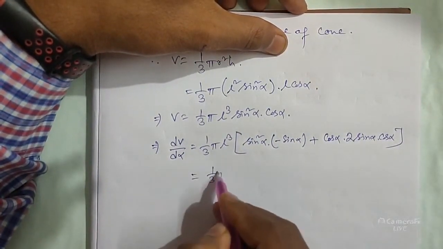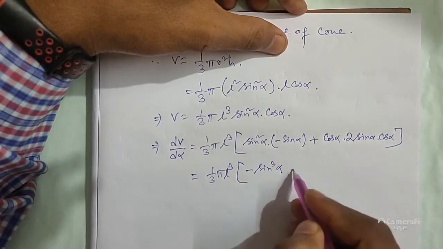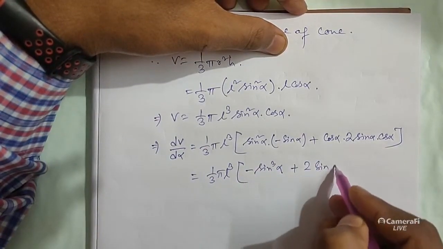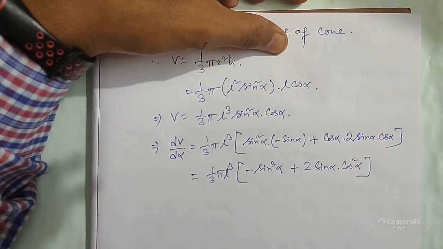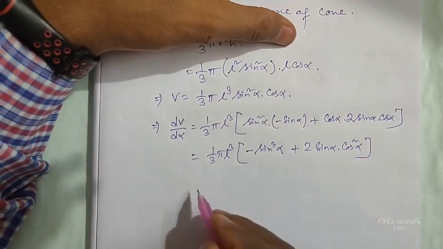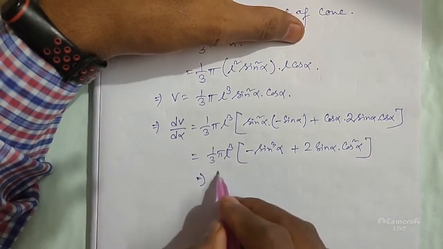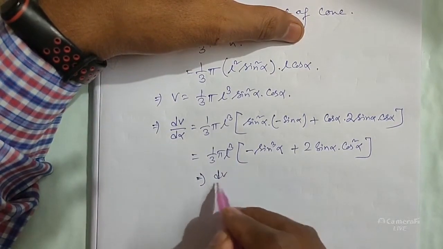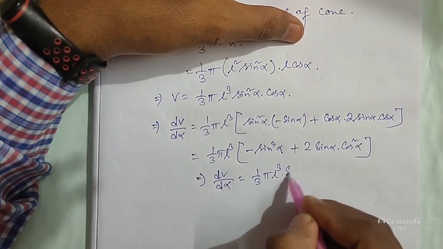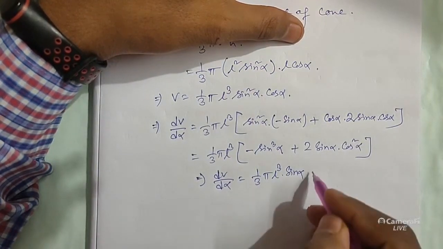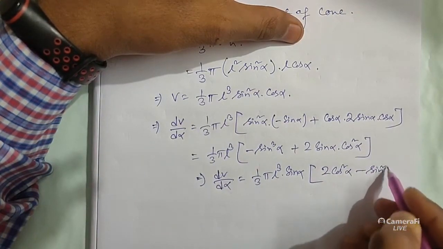That is 1/3 pi L cube into minus sin cube alpha plus 2 sin alpha into cos square alpha. Now if we take this sin alpha common, we have dV by d alpha equals to 1/3 pi L cube into sin alpha into 2 cos square alpha minus sin square alpha.